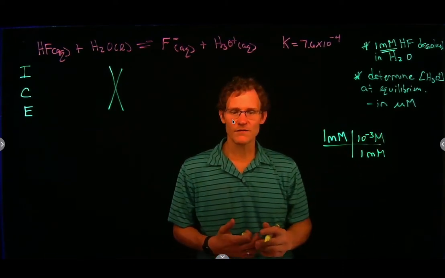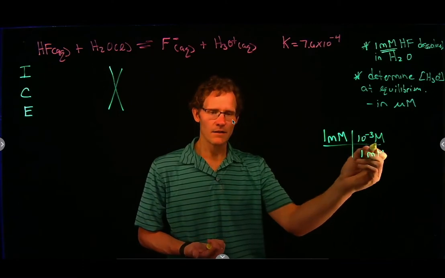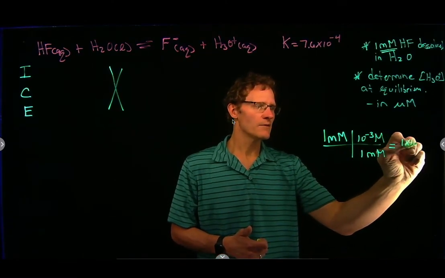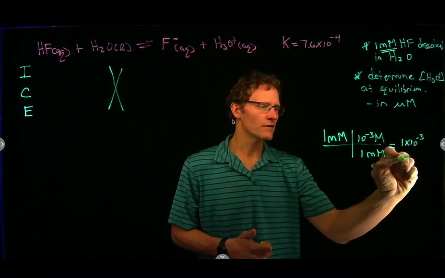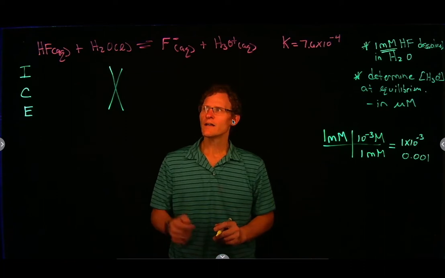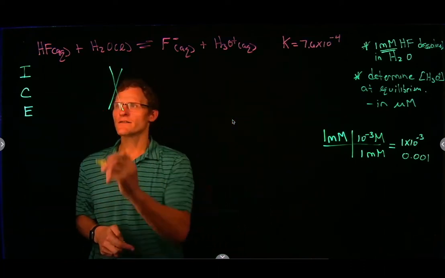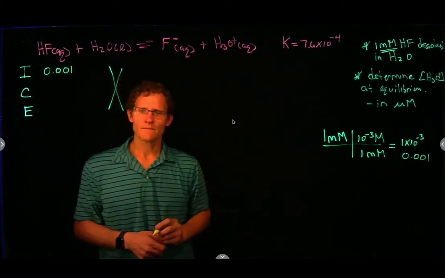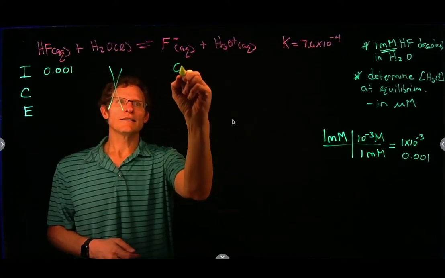Right, the metric prefix milli always means 10 to the minus third. So here we have 1 times 10 to the minus 3, or 0.001. Okay, so I'm going to go ahead and put 0.001 in my ice table. I don't have anything else to start.